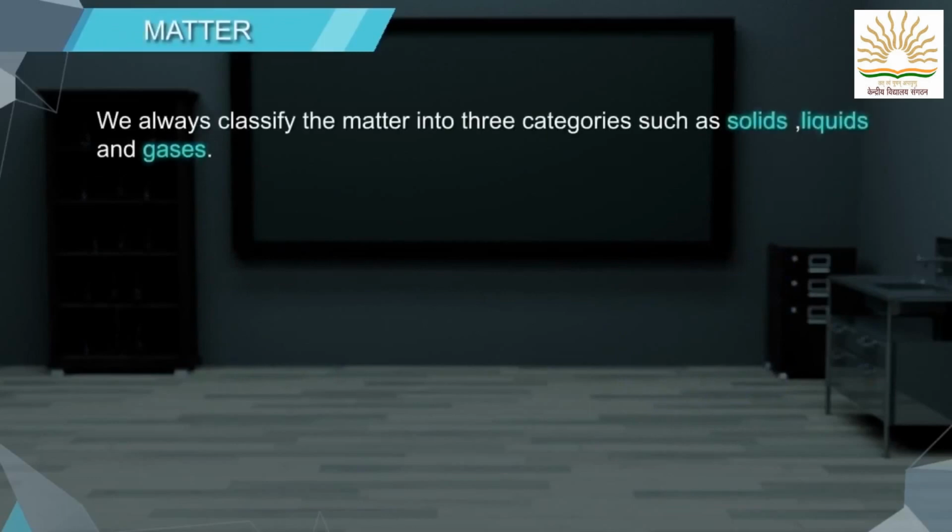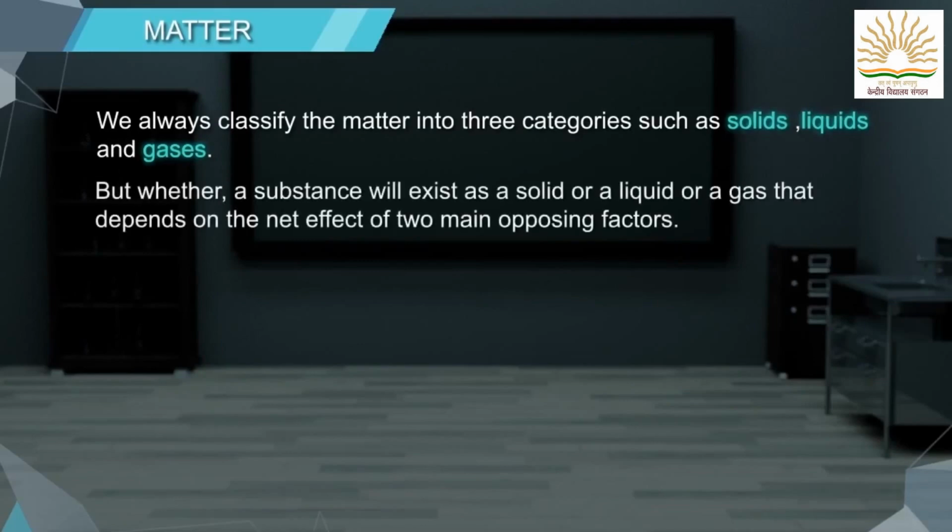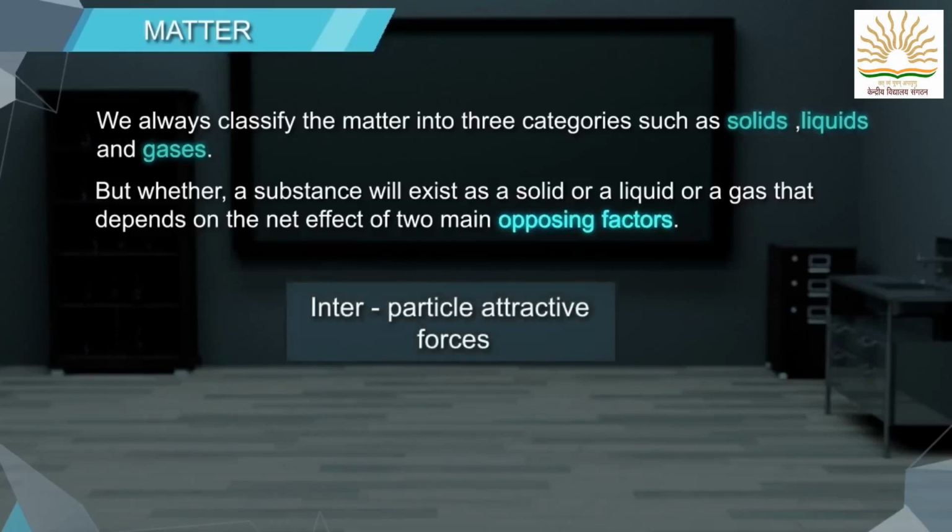We always classify matter into 3 categories such as solids, liquids, and gases. But whether a substance will exist as a solid or a liquid or a gas will depend on the net effect of 2 main opposing factors: interparticle attractive forces and thermal energy.